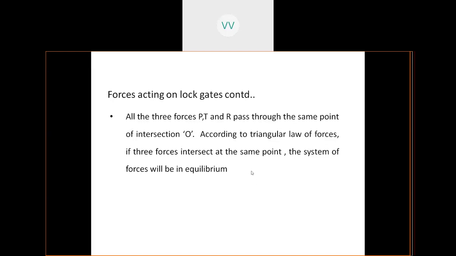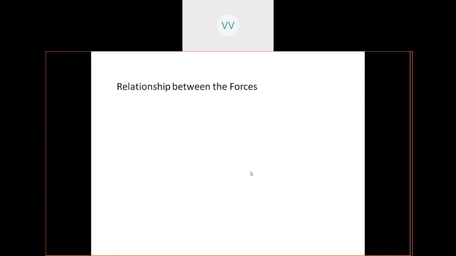That means all are going to balance each other and be in equilibrium. Then the relationship between these forces. So let us try to deduce a relationship between the gate reaction, the normal force and the pressure force.